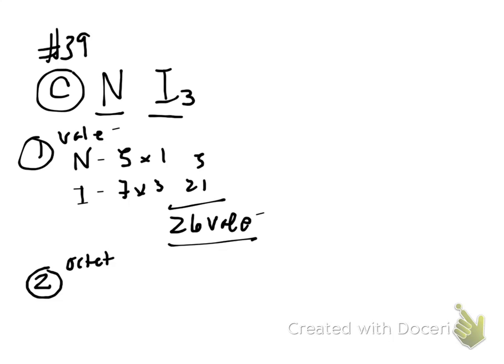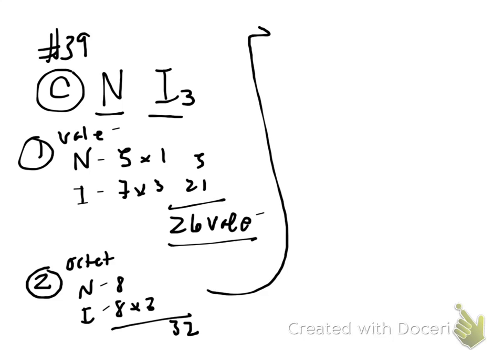Okay? Great. Now, in terms of octet, if everyone was completely happy, how many electrons would there be? Well, nitrogen wants 8. The iodines each want 8. So 8 times 4, 32. Step 3. How many do they have to share?